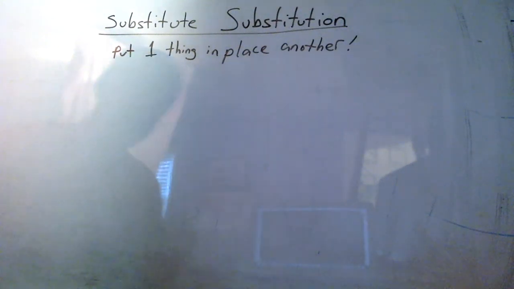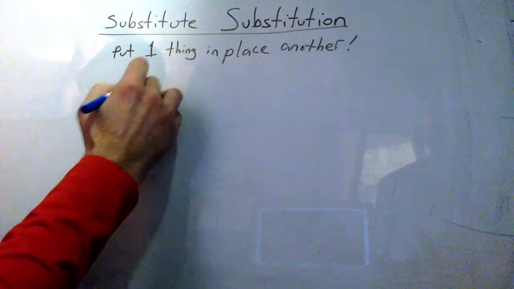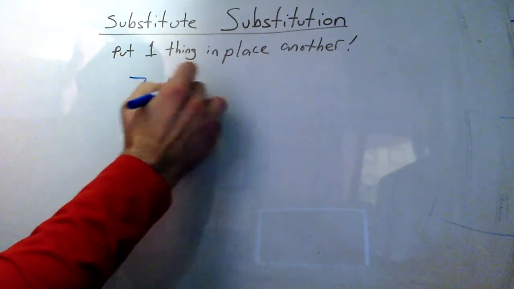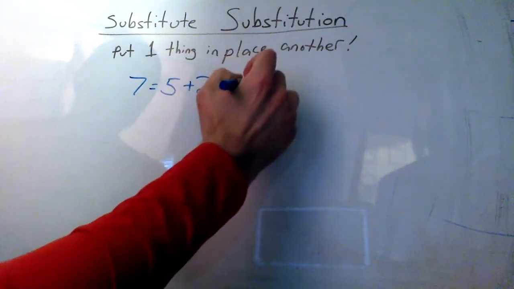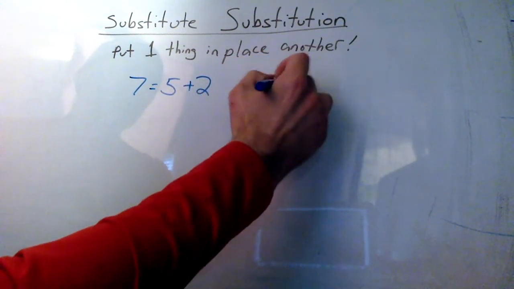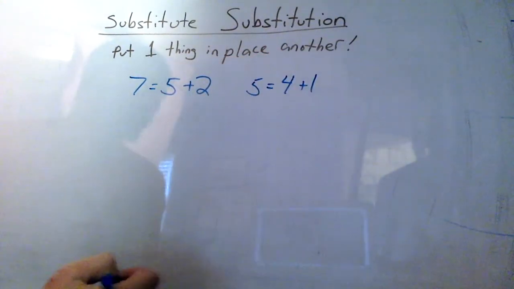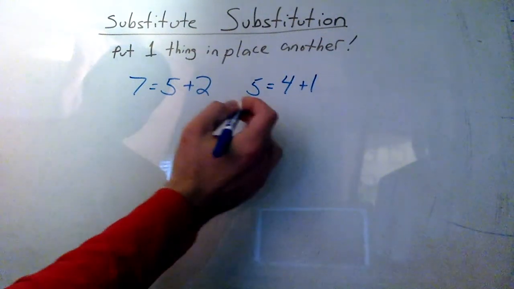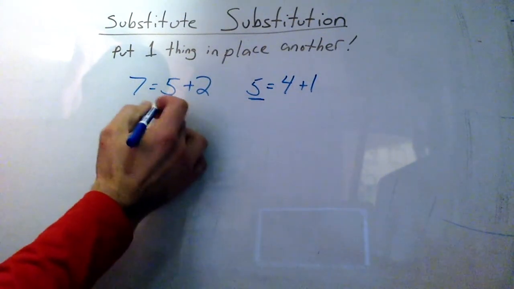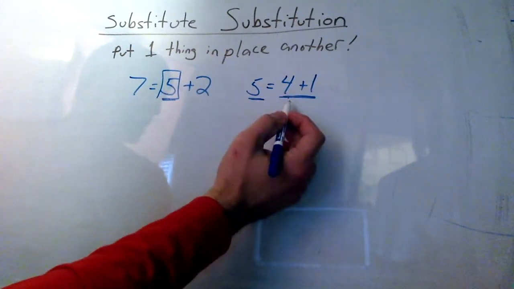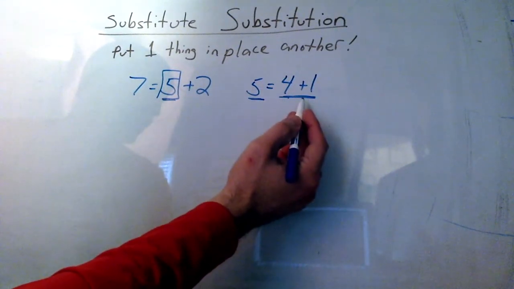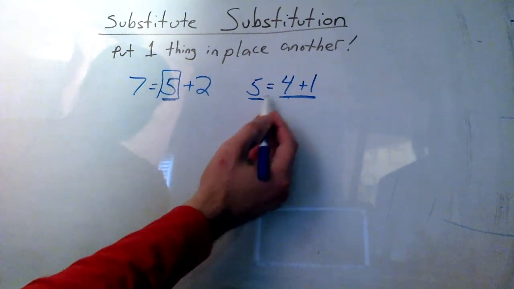It makes sense because if I said that 7 equals 5 plus 2 and 5 equaled 4 plus 1, theoretically I could substitute in place of this 5 this side of this equation, because the expression 4 plus 1 is the exact same, equal to 5.